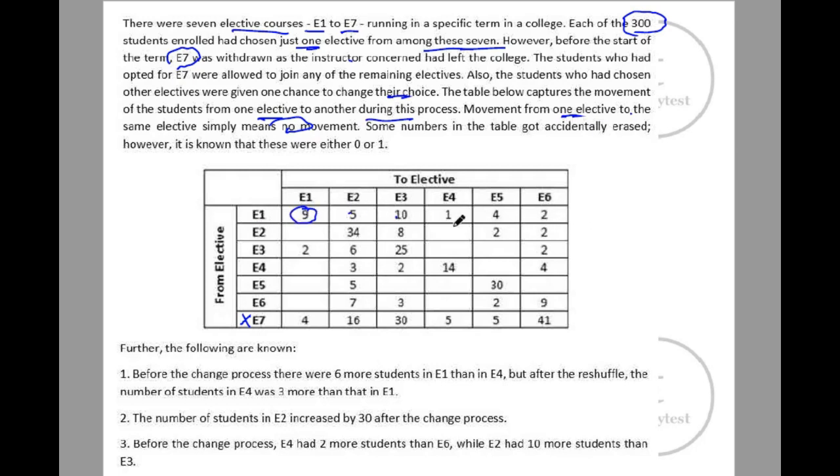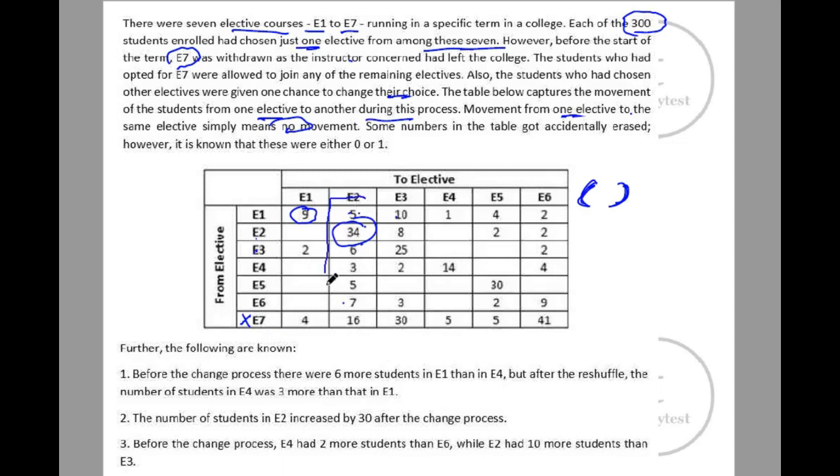So if you add along the rows, you will find the original number of people. Okay, now if you look at the 2 part, these many people moved from E1 to E2, these many people moved from E2 to E2, which means they remained here, E3 to E3, E3 to E2, E4 to E2, E5 to E2, E6 to E2, E7 to E2.